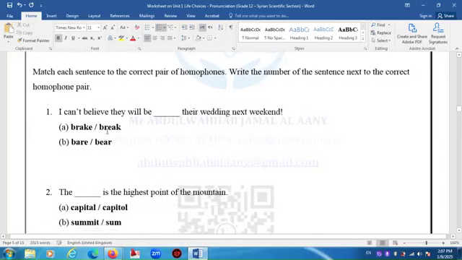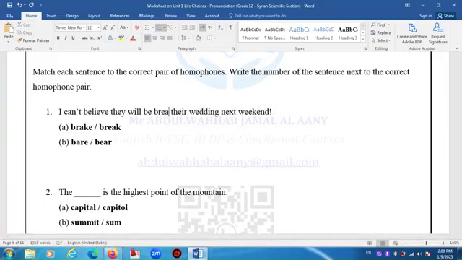Match the homophones. I can't believe they will be their wedding next week. Which one will you use? Break, break, bear, bear.